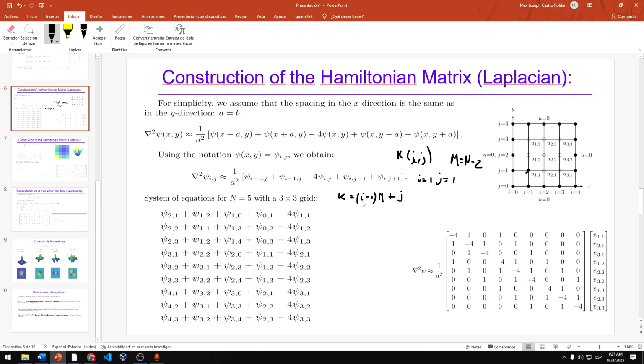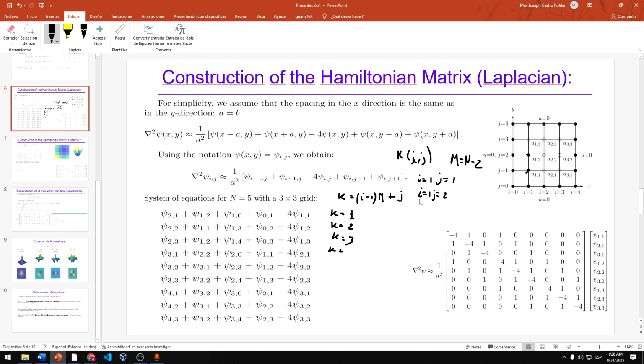De esta manera, al momento de variar i y j de manera respectiva, para i igual a 1 y j igual a 1, por ejemplo, vamos a tener k igual a 1 menos 1 es 0, esto va a ser 0 más 1 va a ser 1. Para i igual a 1 y j igual a 2, que va a ser este nodo, esto va a ser 0, esto va a ser 2, y para i igual a 1 y j igual a 3, esto va a ser 3.